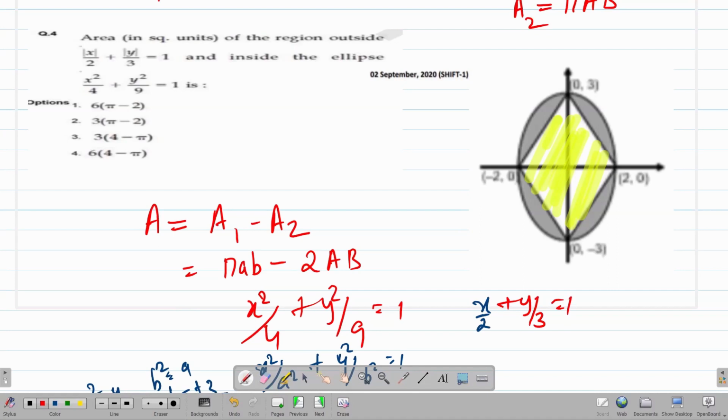If I compare this with my line x upon capital A plus y upon capital B equal to 1, then in this case my capital A is 2 and my capital B is 3.